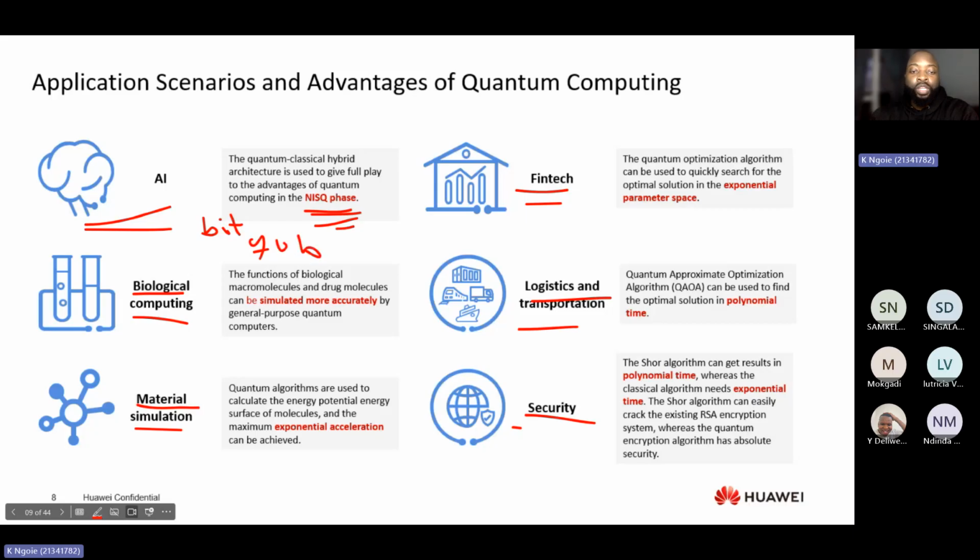So in the NISQ era, quantum computers have 10 or 100 qubits, right? But the problem is they cannot really perform large scale quantum computations.